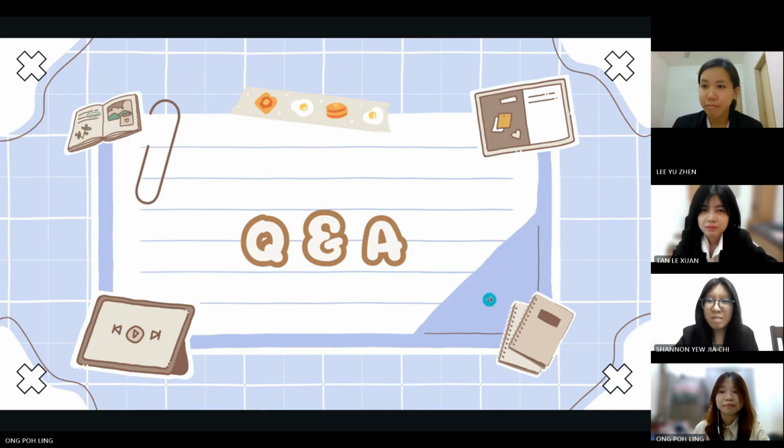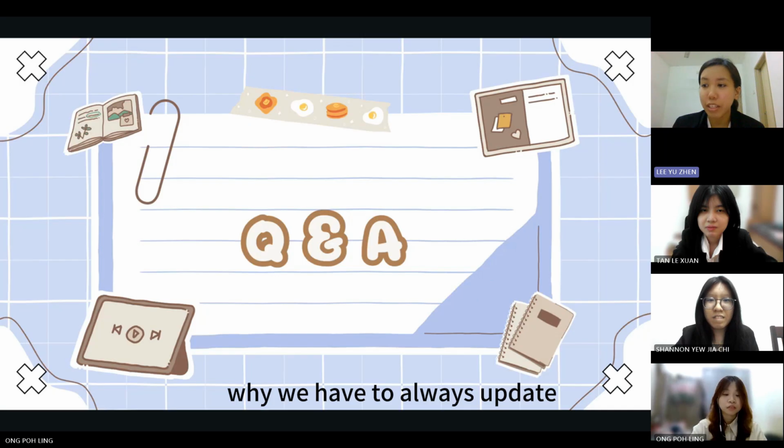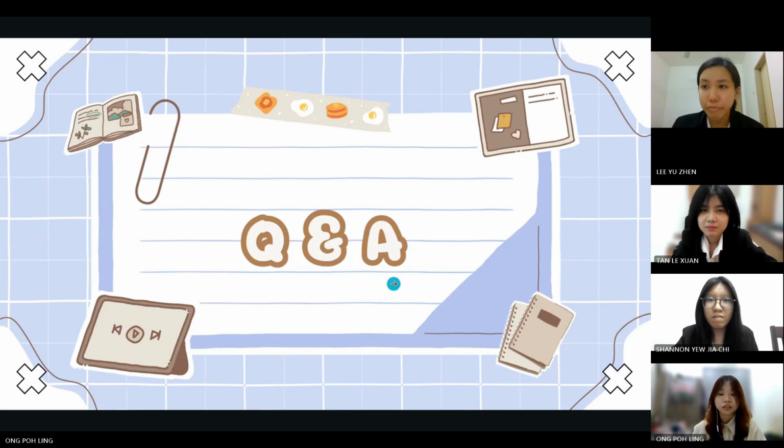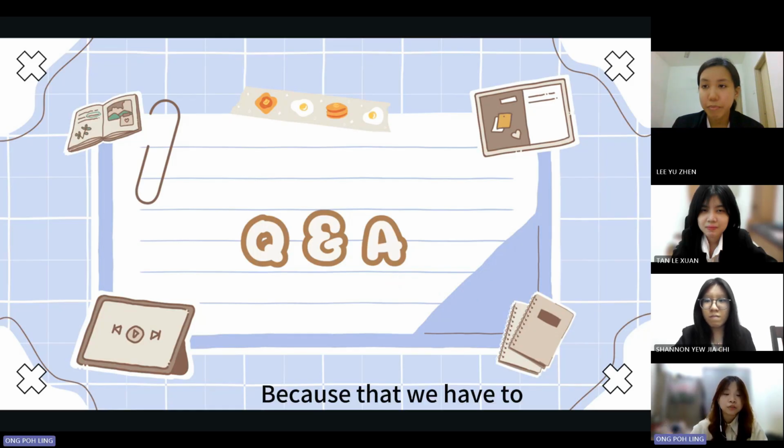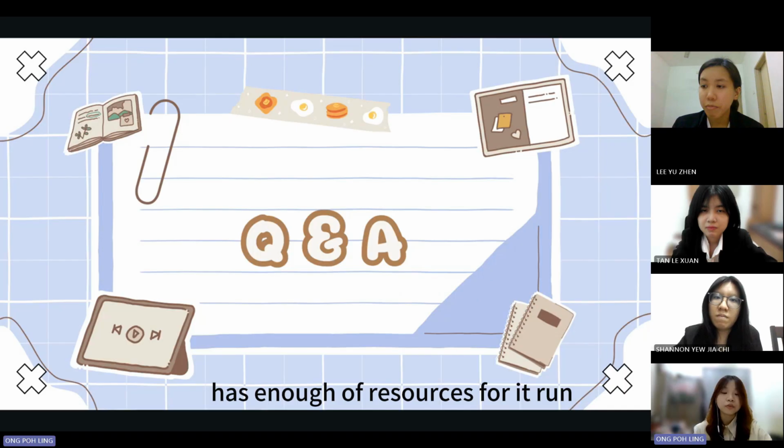Understood. I also have a question. In the safety algorithm, why do we have to always update our available while the condition is true? Because we will say that this process has enough resources for its run.